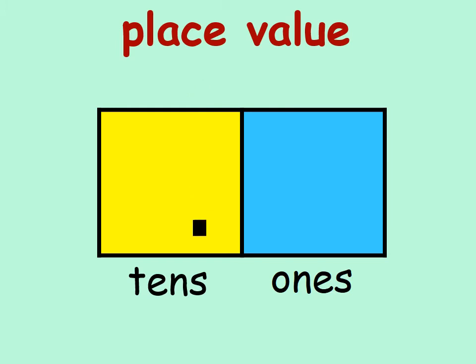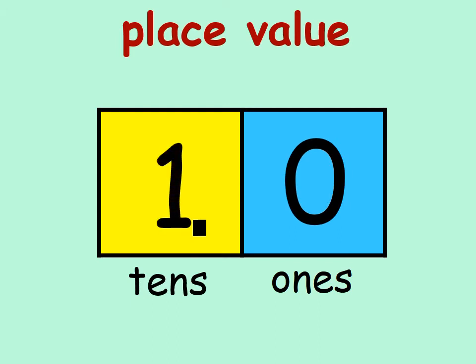There you go. How many ones do we have? We have no ones, so that's a 0. How many tens do we have? That's right, we've got 1. There it is. There's the number 10.